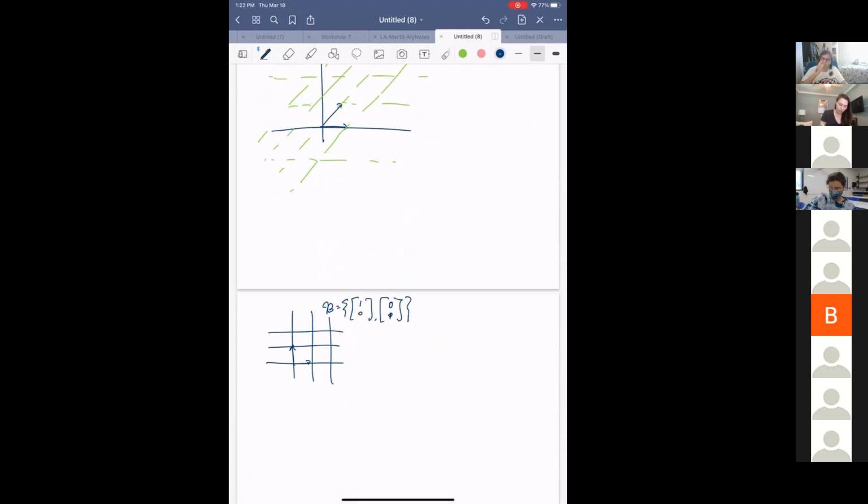You can also represent R2 with a basis using, like I said, 1, 0 and 1, 1. So 1, 0 is this vector right here, and 1, 1 would be this vector right here. So instead of getting your standard coordinates, you get this slanted grid, which you can still use to represent any point or any vector, right?